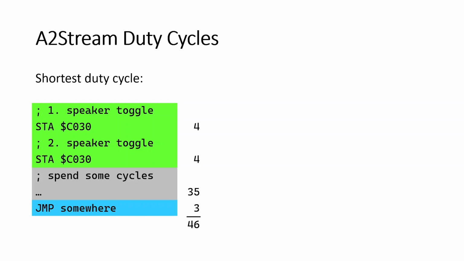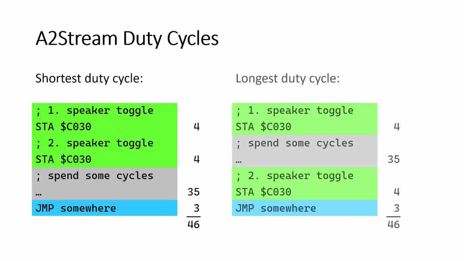Then it spends some cycles doing something, and then it jumps somewhere. If we add this up, we see we have 4 plus 4 plus 35 plus 3 equals 46 cycles. Now let's have a look at the longest duty cycle. Again, we start with toggling the speaker, basically say turning the speaker on if you want.